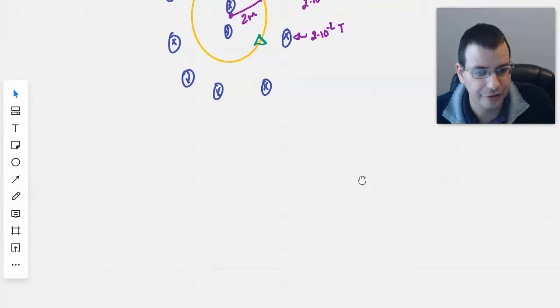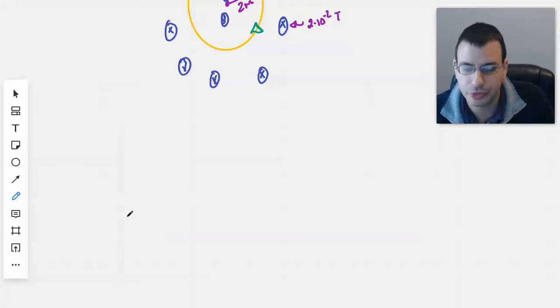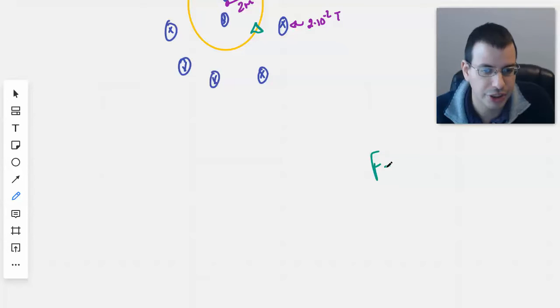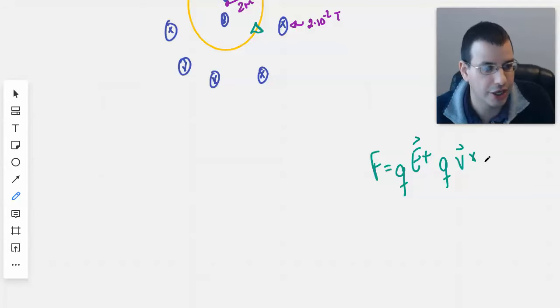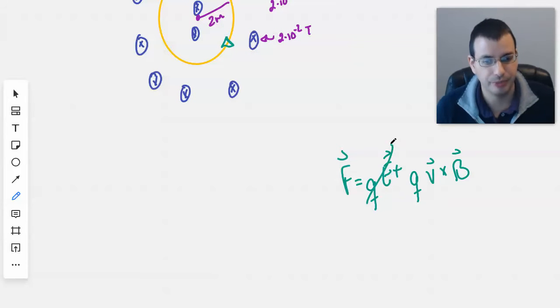If we want to find the force on a charged particle, we would use force equals Q times E plus QV cross B.